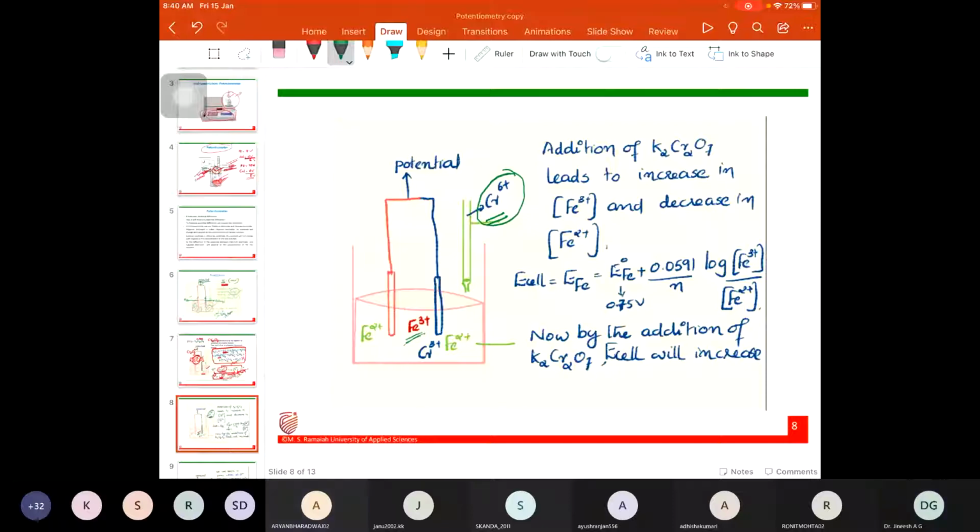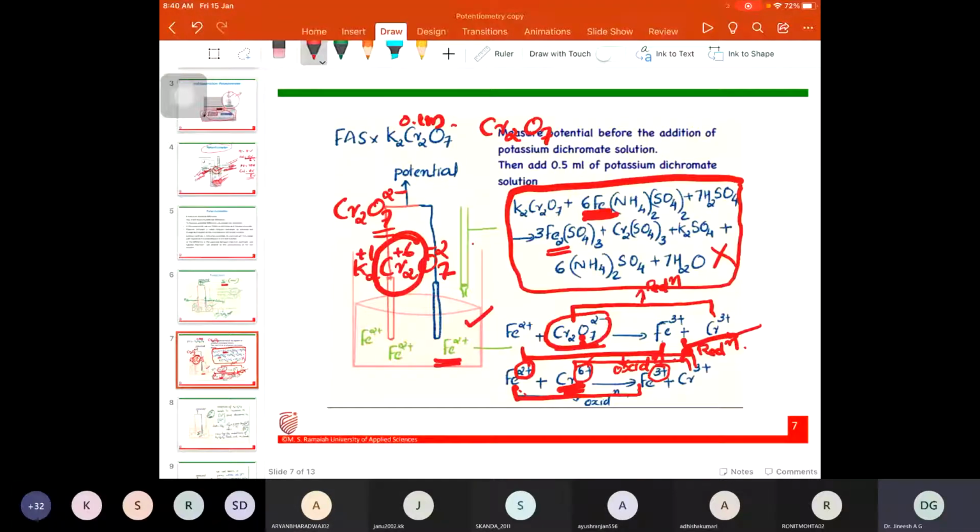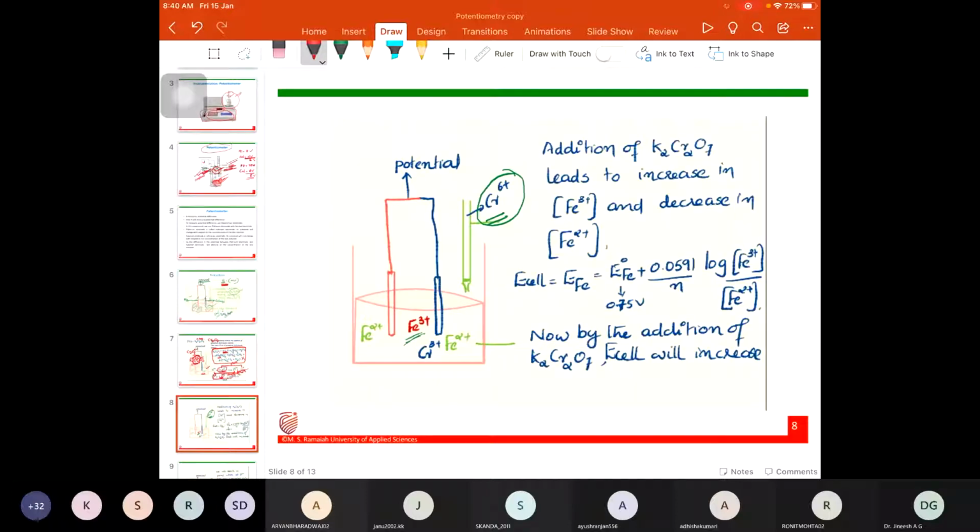So in the burette, the oxidation state of chromium was +6, but once it reacted with ferrous ammonium sulfate, what will be the oxidation state of chromium after the reaction? Cr3+. So whatever potassium dichromate you are adding into the ferrous ammonium sulfate solution will be converted into Cr3+. Am I right?